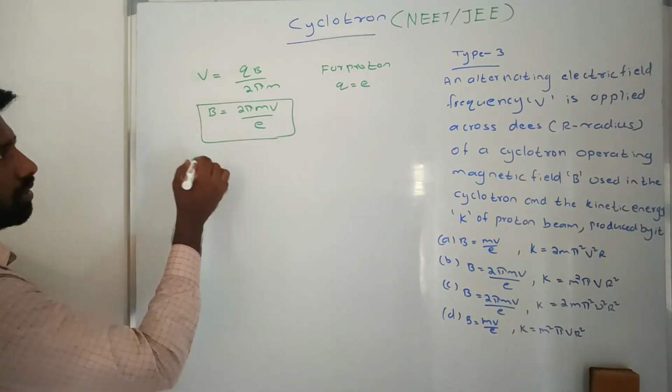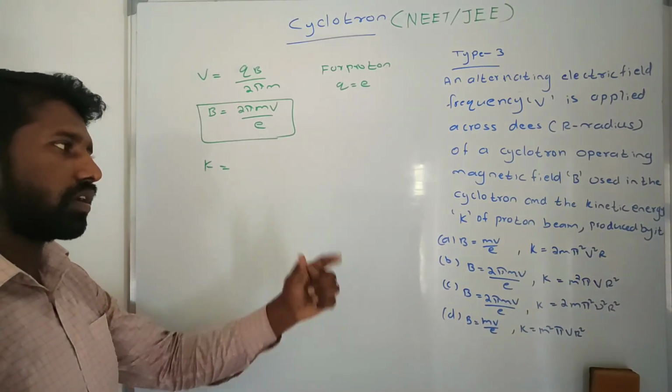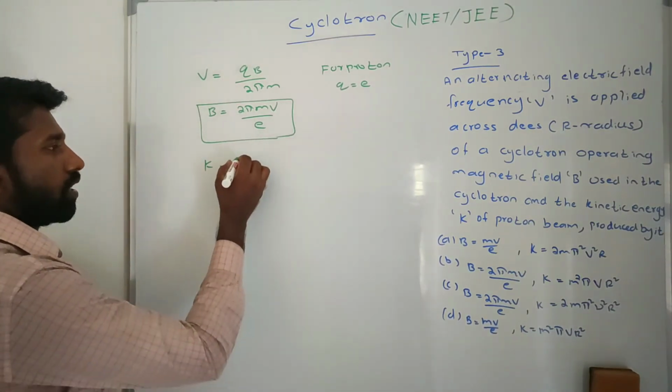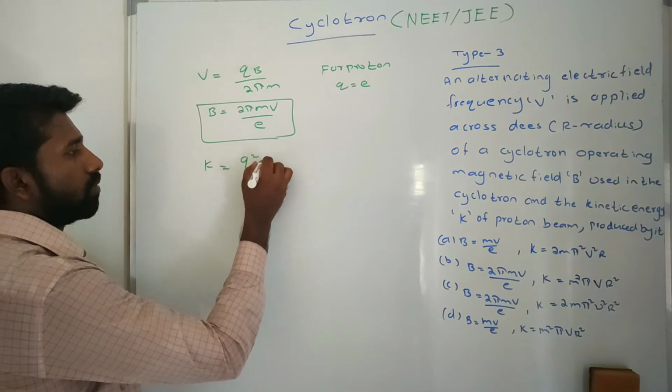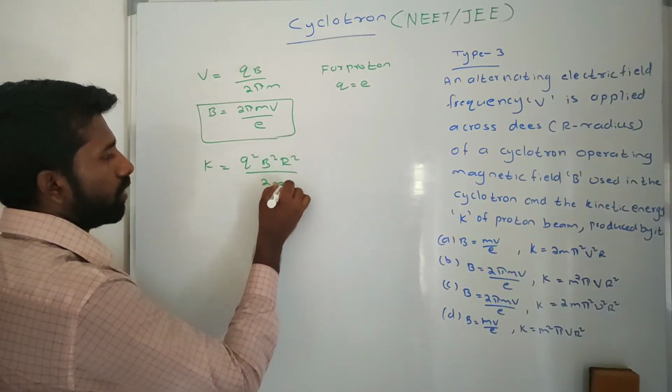Next, we will see the kinetic energy of the charged particle coming out from the cyclotron. The formula is Q square B square R square divided by 2M.